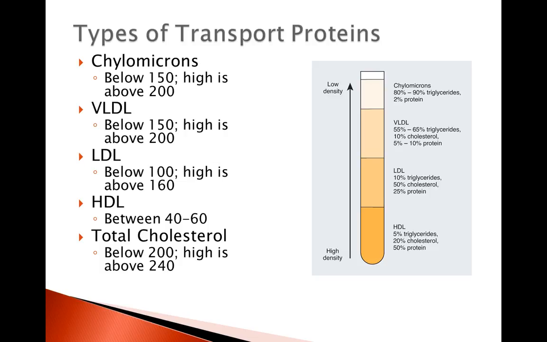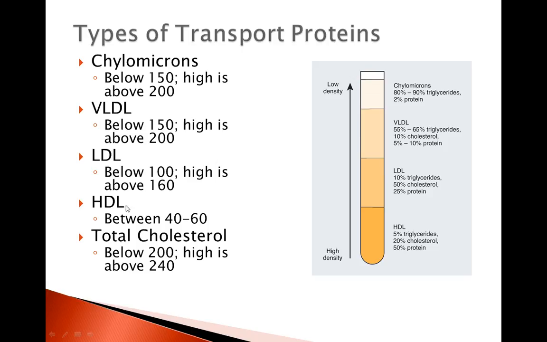So various cells, particularly blood vessels throughout the body, can be targets for where LDL can give up its cholesterol. Right? So LDL levels below 100 is ideal, high is above 160. You will be responsible for these numbers, so you need to know these.